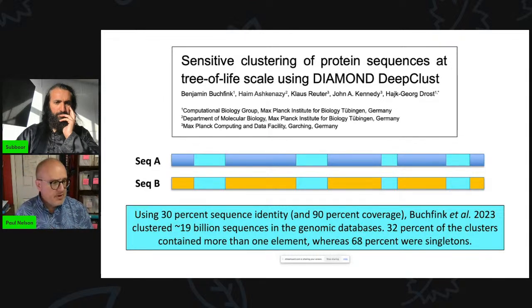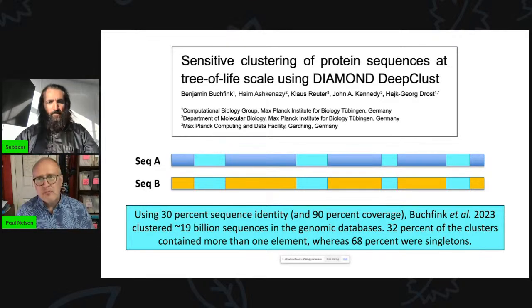In fact, I'm involved in a project where we are using BLAST-P, which is very much slower than Diamond. And I think we're going to have to swap out BLAST-P in our analytical pipeline and use the version of Diamond that this team is using, because it's really so much faster at processing data.